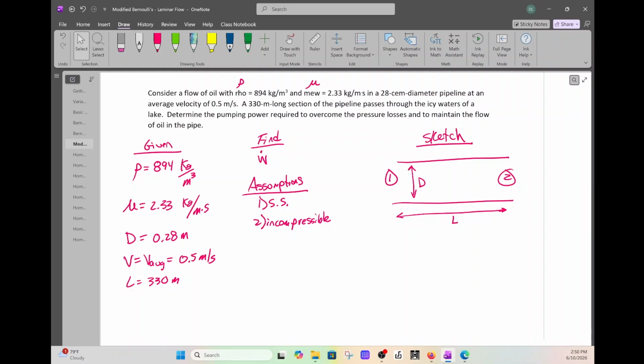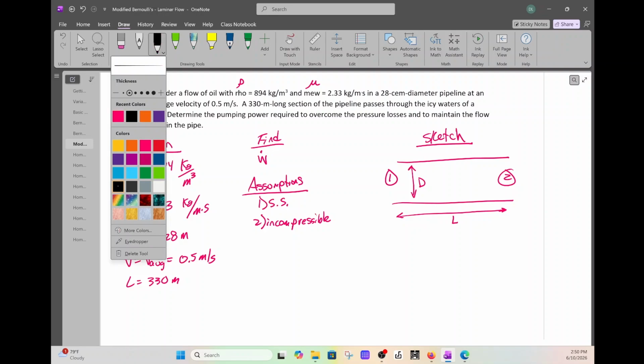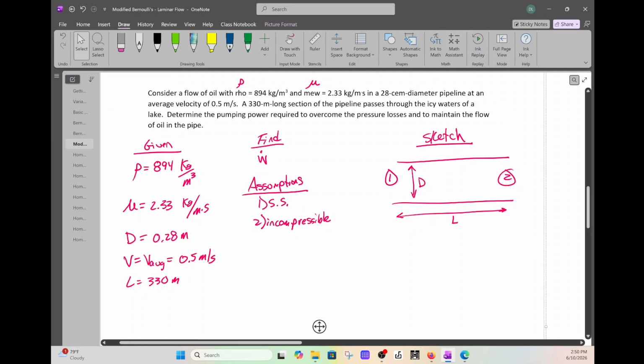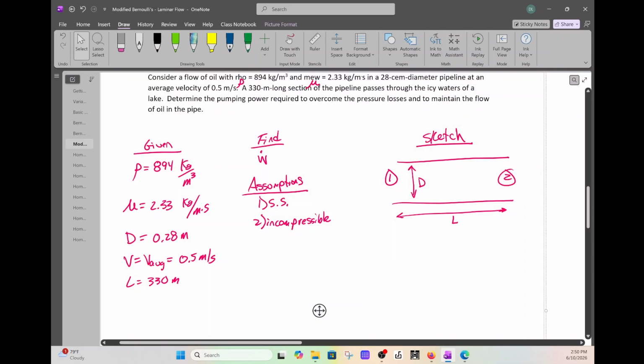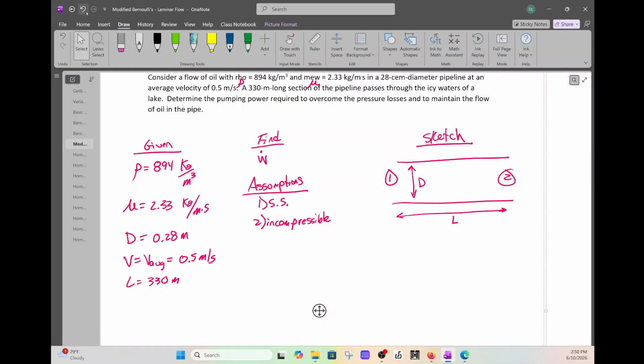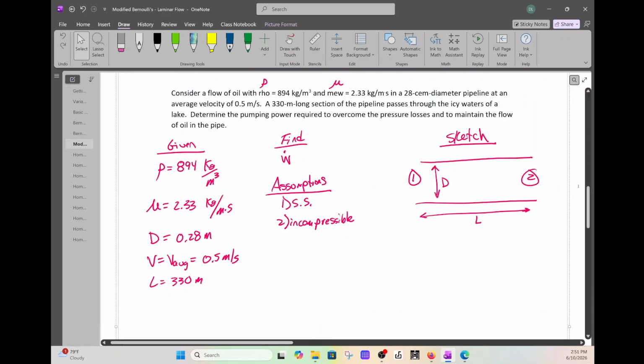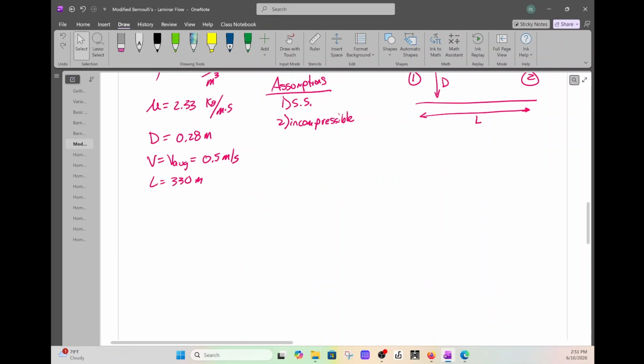We can now write the solution and start calculations. Oh, sorry. Let me undo that. There we go. Solution. We're going to write the modified Bernoulli's.